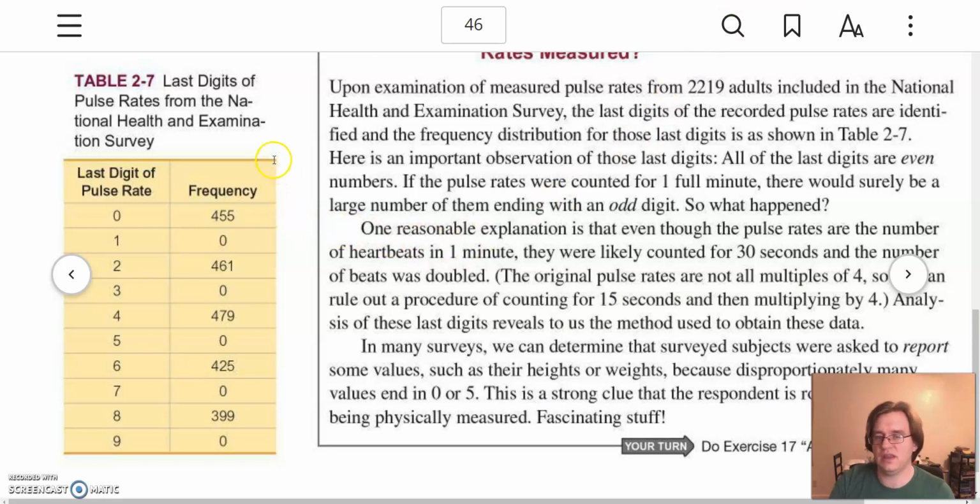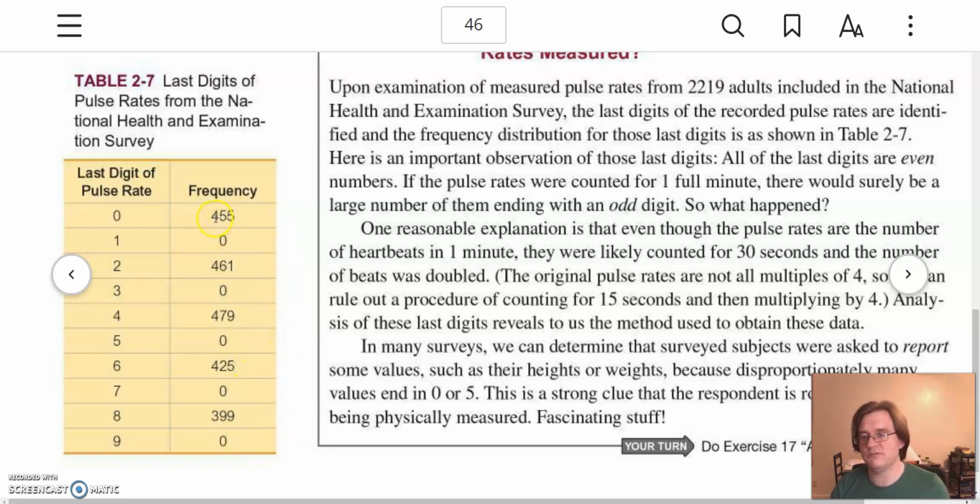So here is a table that looks at the last digit of a device that's measuring pulse rate. And what you'll notice is that all of the even digits show up a lot, and it never shows up as an odd digit.